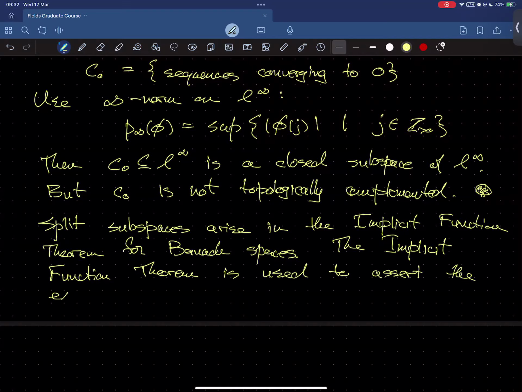It's used to assert the existence, locally at least, of regular solutions to equations.